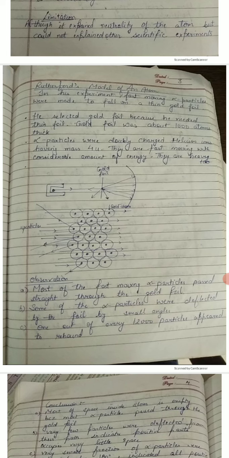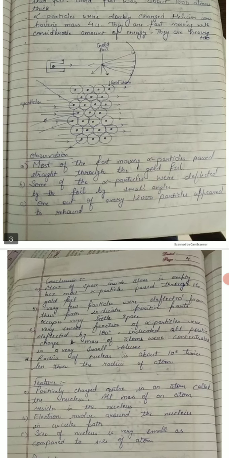Then very few particles rebound, about 1 out of every 12,000 particles. Rebound means the alpha particle comes straight, strikes the atom and gets deflected through a 180-degree angle. From that he concluded that the nucleus has very heavy mass and is very concentrated. These are the observations and calculations.